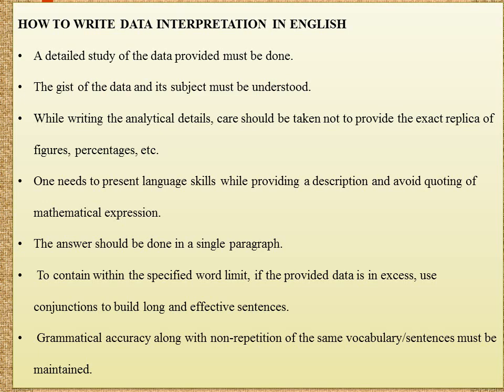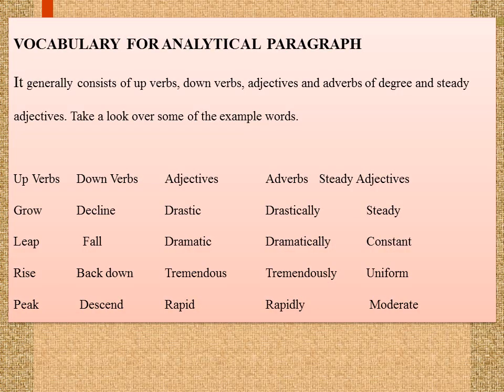Okay, now when we are using those vocabularies, as I said, we have to have good content and a good bag of vocabulary, because it's not just a bar chart, or a pie chart, or a graph, but we are going to use this vocabulary for various purposes. So upwards we can have, downwards we can have, adjectives, adverbs, steady adjectives.